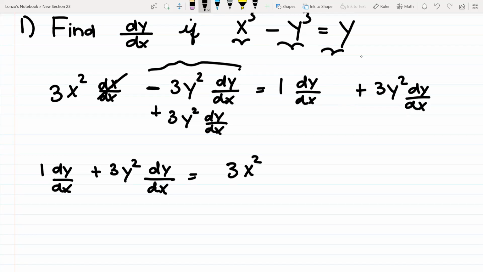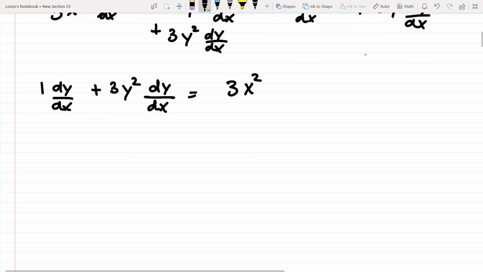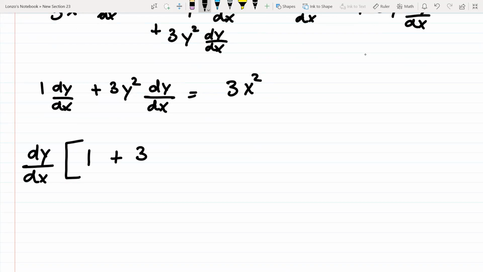The dx cancels, so you don't have to worry about that. And then on the left side, what can you take out? A dy/dx. So that's why I put it all on one side. So it's going to be 1 plus 3y squared equals 3x squared.